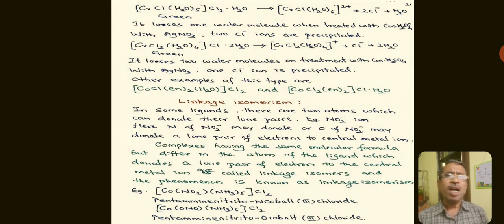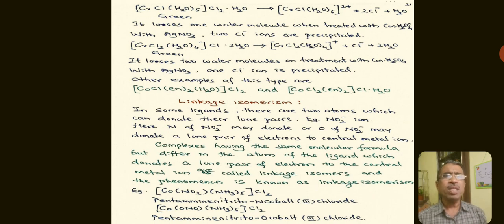Let us take another example of the same isomer, that is pentaaquachlorochromium(III) chloride monohydrate. This in solution gives the pentaaquachlorochromium(III) ion, 2 chloride ions and a water molecule.